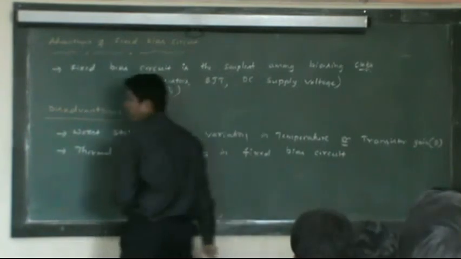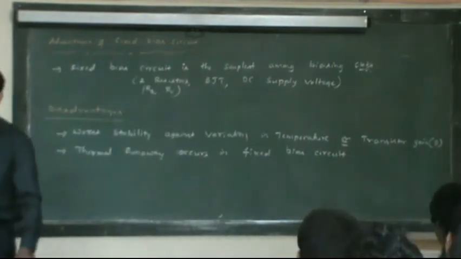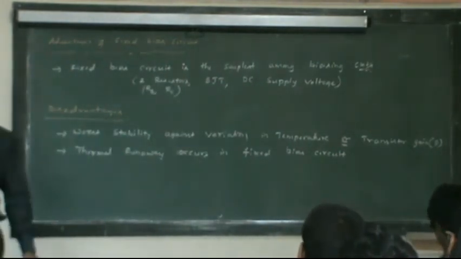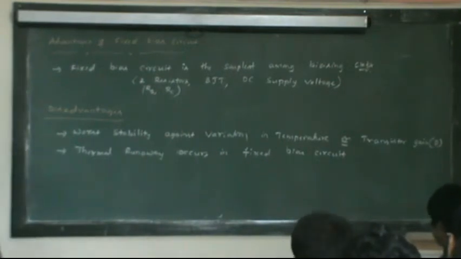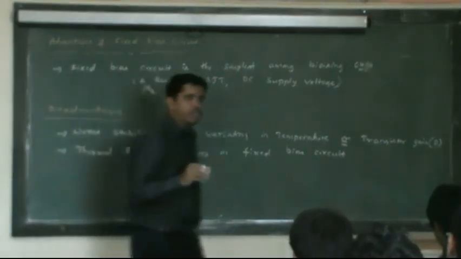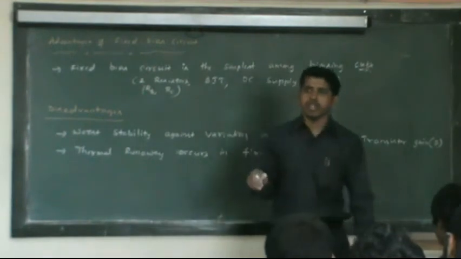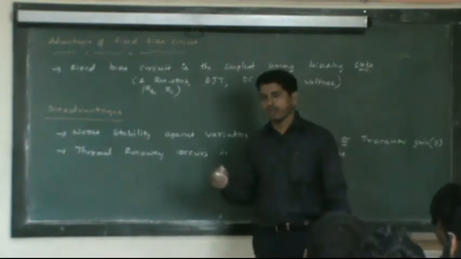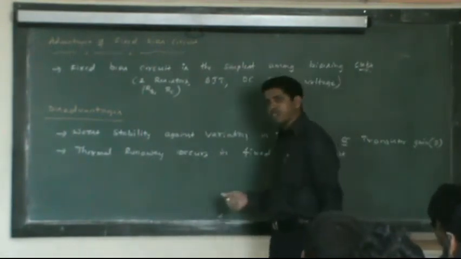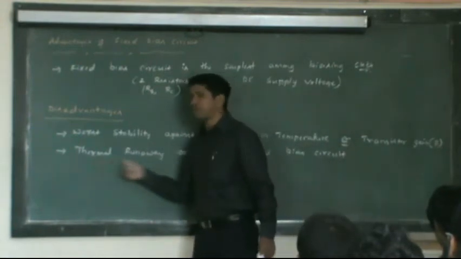We explained already what thermal runaway is. Thermal runaway is a phenomenon, a condition where the transistor is going to burn out because excess current is flowing through the transistor. If the excess current flows beyond its capacity, then thermal runaway is going to occur.